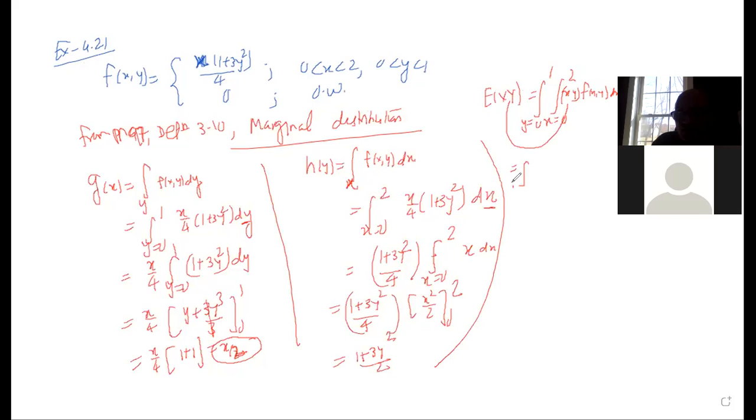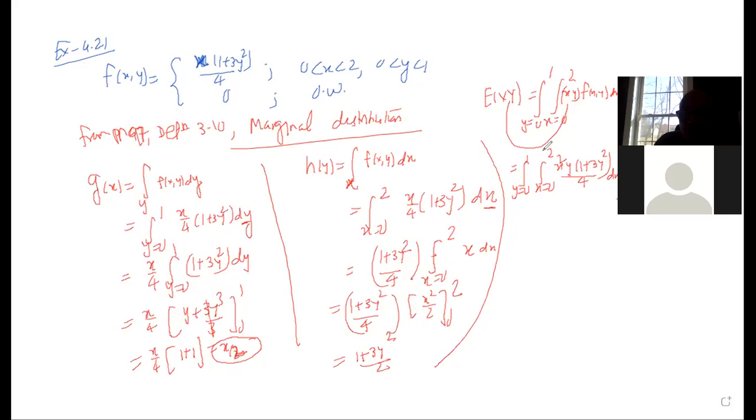So that is equal to y from 0 to 1, x from 0 to 2, xy times f of xy, that is x square and 1 plus 3y square divided by 4, times y, dx and dy.